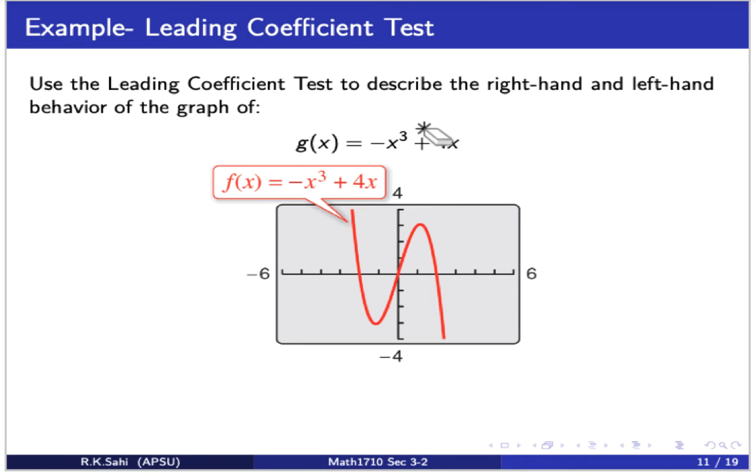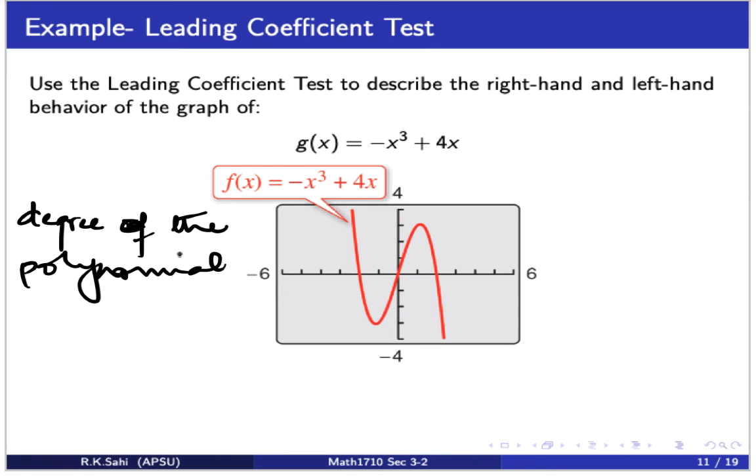Now, let's look at this one. According to the leading coefficient test, what do we know? First of all, what is the degree of this polynomial? 3. So let's write it down. The degree of the polynomial function here is 3.